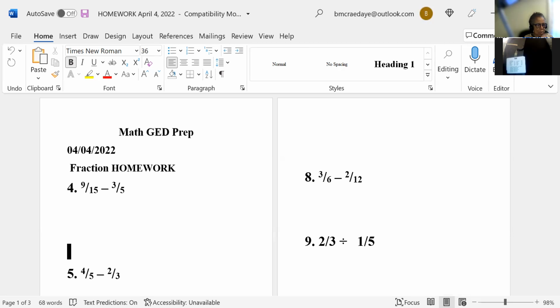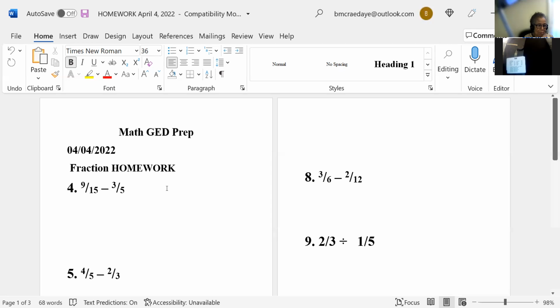Different ways you can do it. Now, if you know the least common denominator of 15 and 5, you could do it as a mental math problem, right? Okay. So tell me, how would you do it? Because you can't subtract as they are because the denominators are different, right?